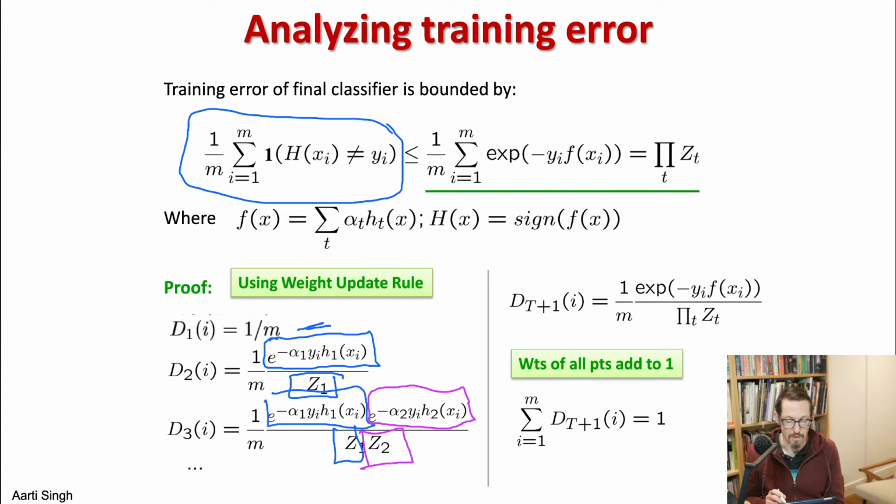All right, well, it turns out that the whole thing is going to end up approaching the exponential of minus y sub i f of x sub i. Why is that? Well, remember, let me go back one, right?